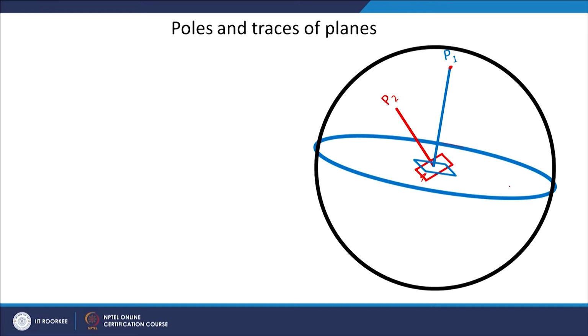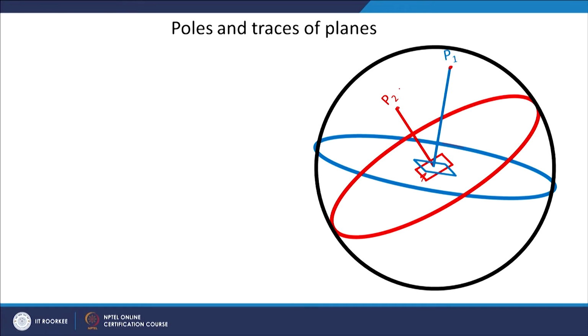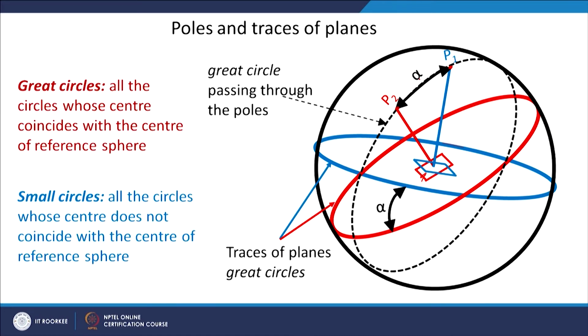This is another plane for which this is the pole P2, and this is another trace for that pole, and then this is the angle between the two, P1 and P2. I will show you how to find this angle between two planes. Right now it is an angle on another circle, where we are finding the angle between these two poles. So, this is how you can find the pole and trace of the plane.